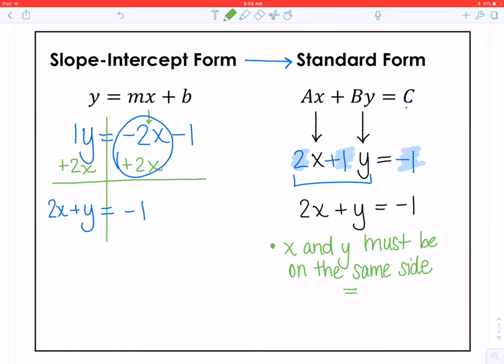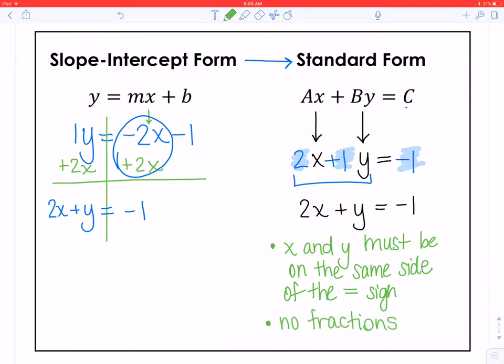So look at that equals. We've got to have x and y on the same side of the equal. And then the other thing that you need to keep in mind is that you can't have any fractions.